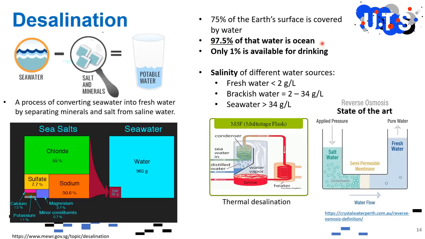The only problem is the energy consumption of the process. But then again, this is one of the better ways to ensure water security in terms of water supply as well. More of this will be discussed in the next slides or the next lectures.